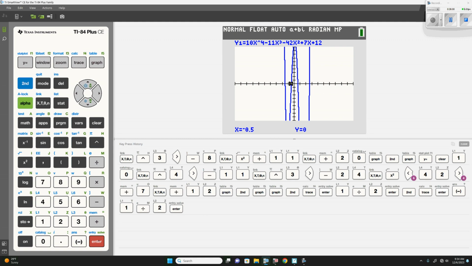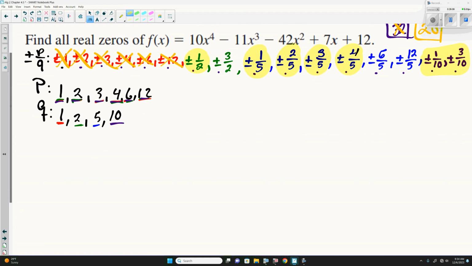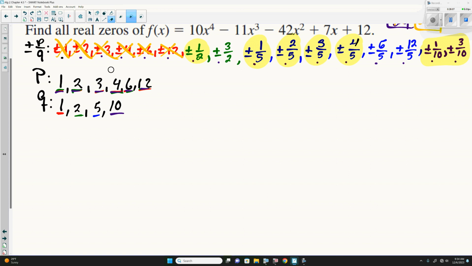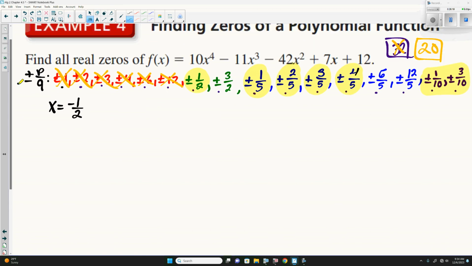And it is 0. So negative 1/2 is a solution. So we have one of the solutions, yes?